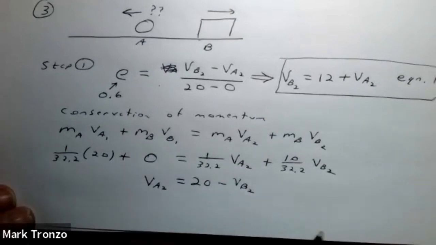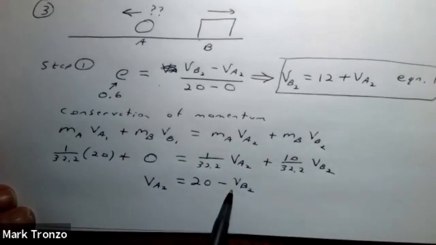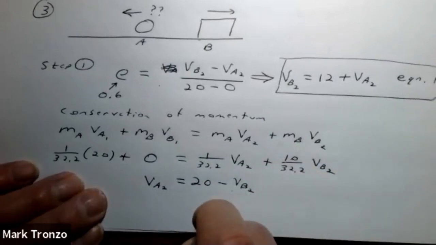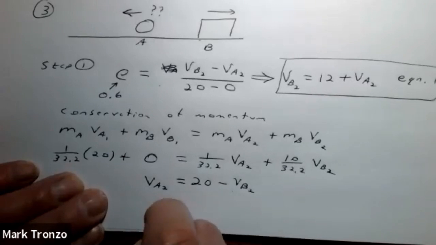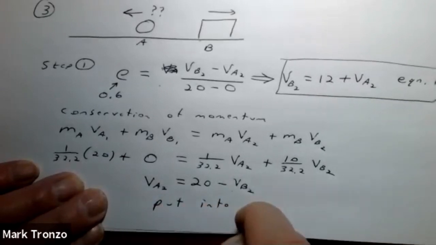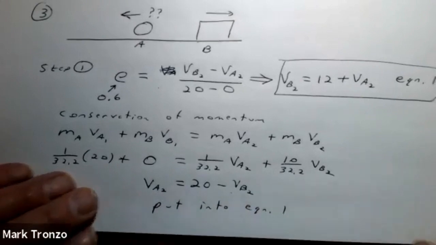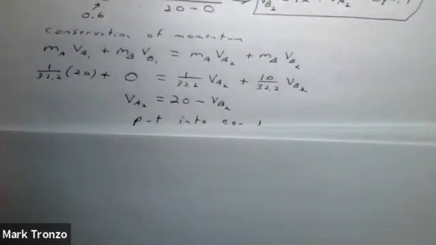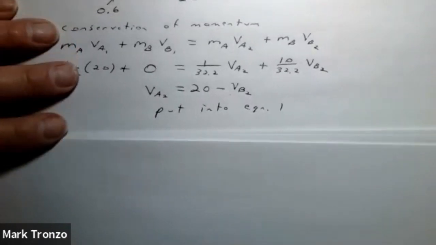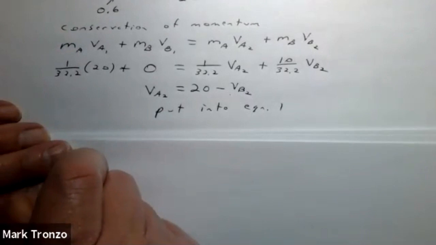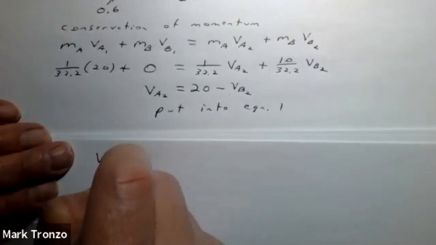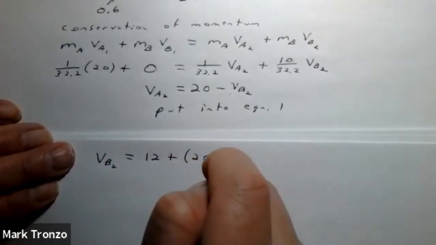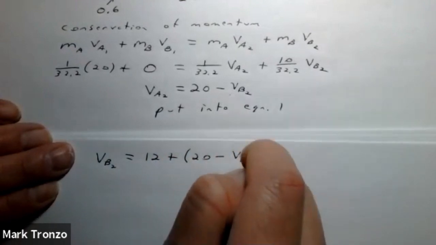And what we can do, let's see, we can solve this several ways. We can maybe put this into equation 1. Now let me change sheets here. And when you do that, you get VB2 is 12 plus 20 minus VB2.